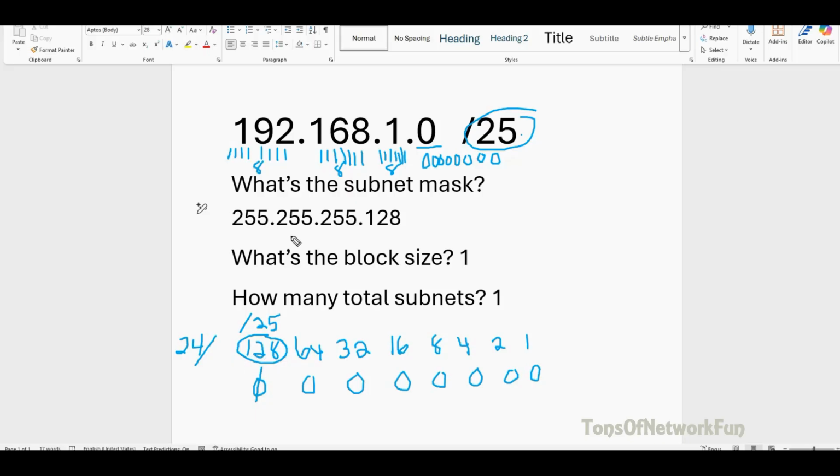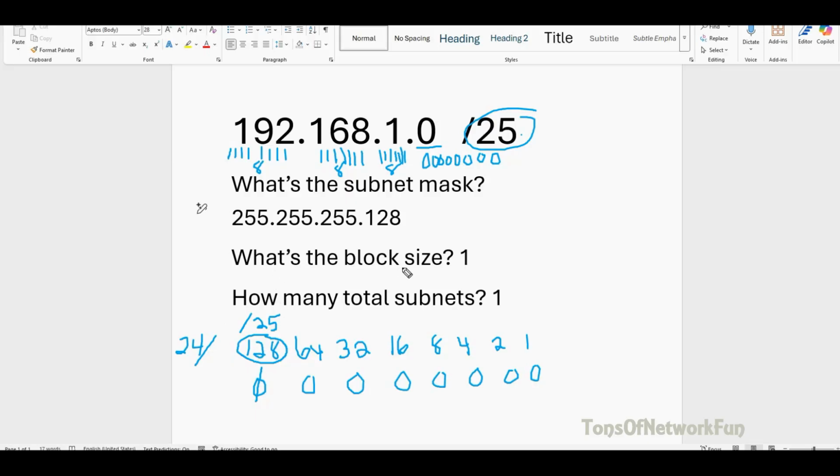That's how you're getting 255 for the first 3, because 8 plus 8 plus 8 is all ones, and all 8 ones equals 255. The last one now is 128. It was 0 with the slash 24, but it is now slash 25, so it's 128.